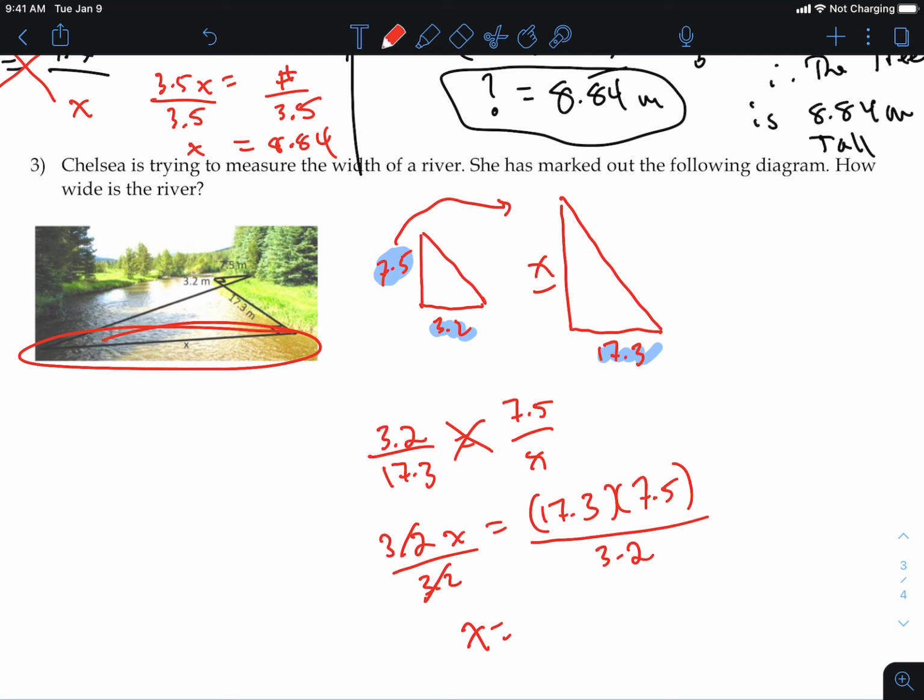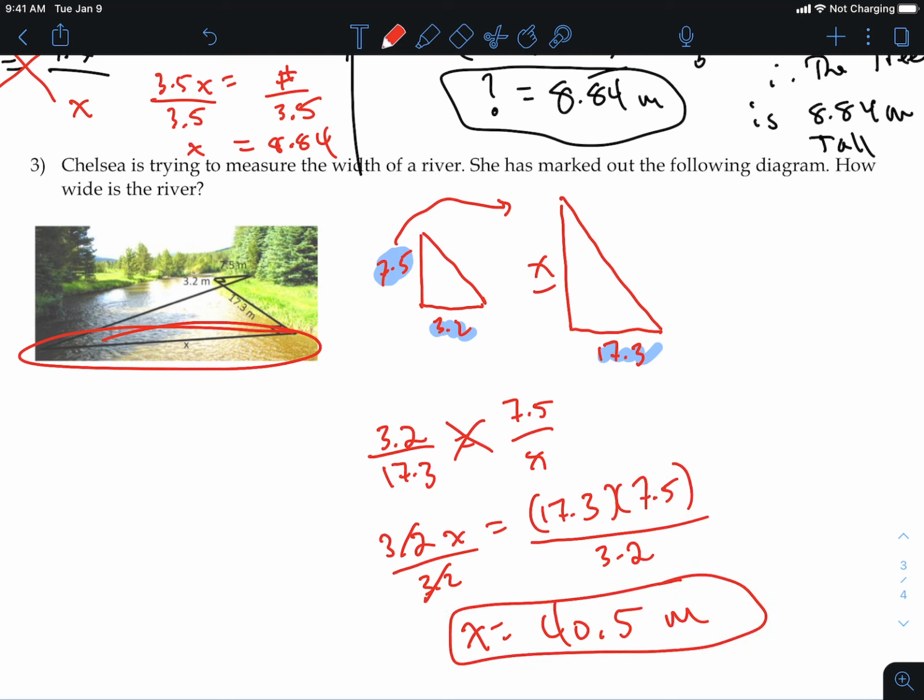You also do the scale factor. I can do the scale factor one too if you want. In a sec here, we'll just make sure the numbers work. I got more space with this question in here. What do we got? 17.3 times 7.5 divided by 3.2 should get 40.5 meters.